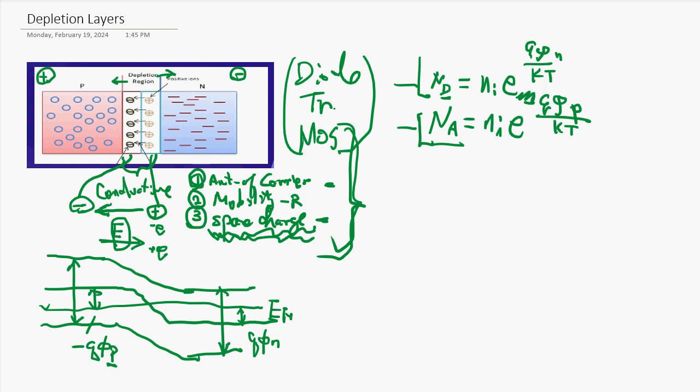Okay, so from here you can get this phi n, which is kT over q log Nd, the donor impurity, over Ni. This is like phosphorus, right?